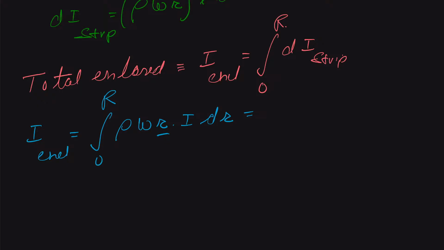So we get the current enclosed equal to rho omega L times R square by 2.